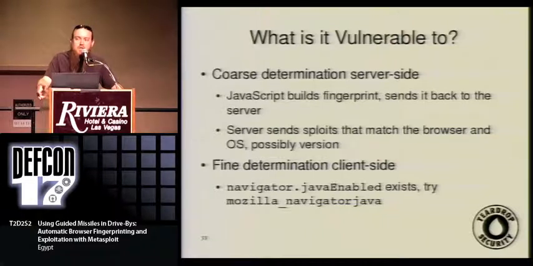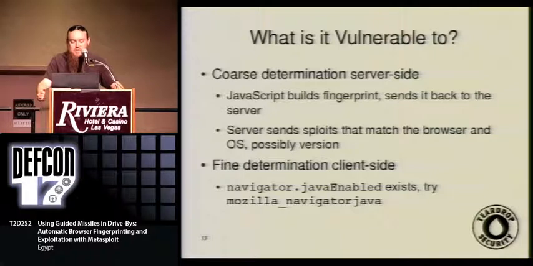So then on the client side, we've got all of these exploits, and we can make a fine determination of which ones might work. The example here is Mozilla Navigator Java, which requires the Java plugin to be enabled. The test for that is very simple.